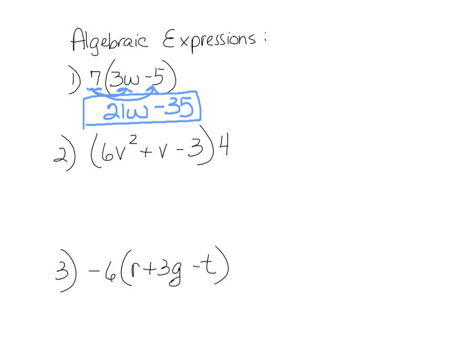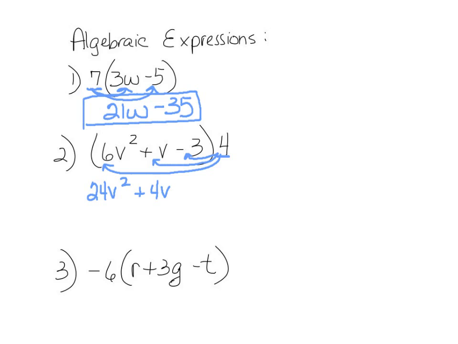Okay, let's do this one. 4, I'm going to distribute it to 6v squared. I'll distribute it to v, and I'll distribute it to -3. So 4 times 6v squared would be 24v squared. 4 times positive v would be positive 4v.